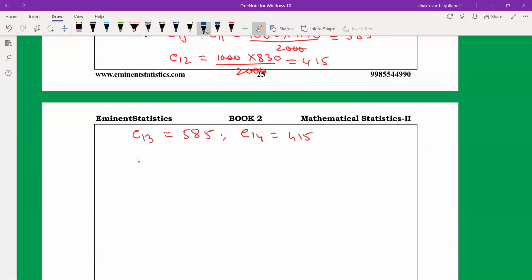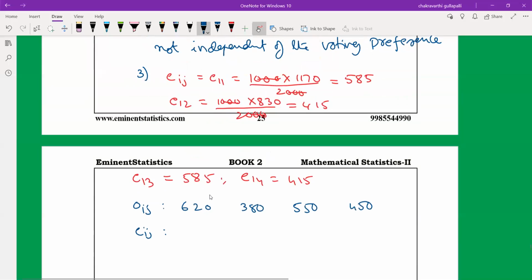Now, observed frequencies Oij: 620, 380, 550 and 450. Expected frequencies computed based on the formula: 585, 415, 585, 415.